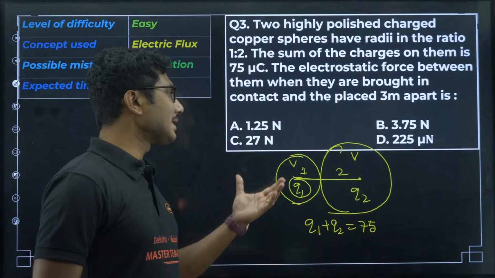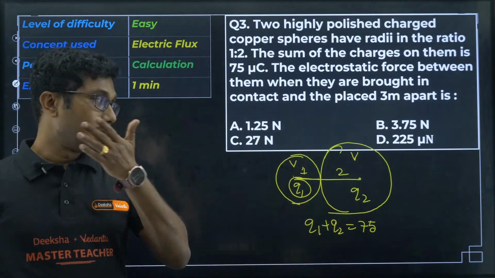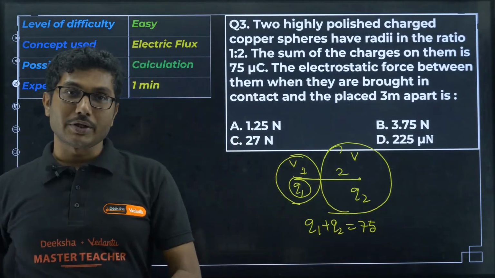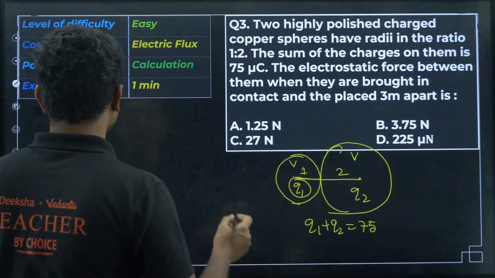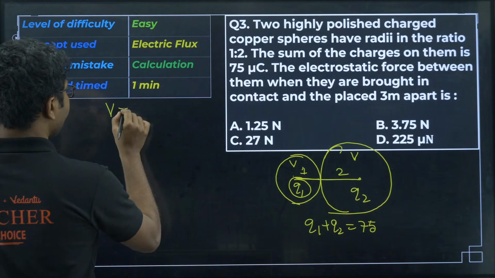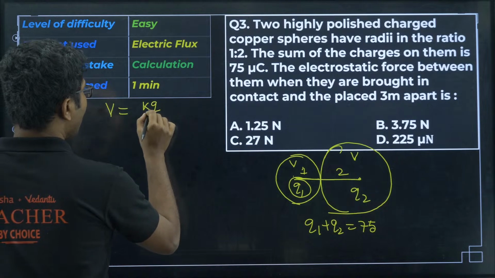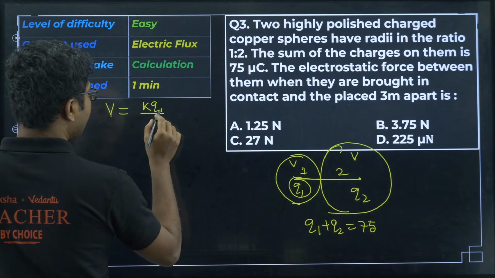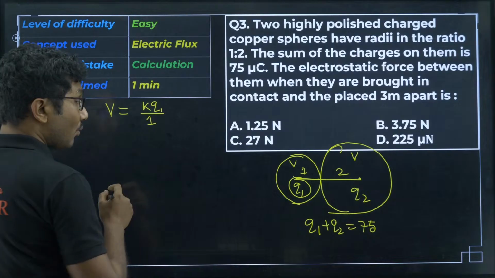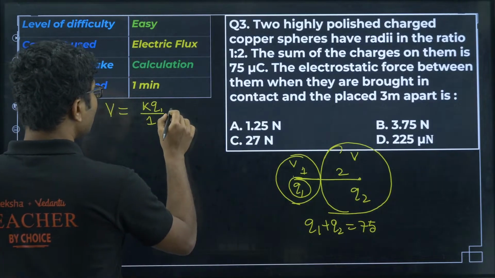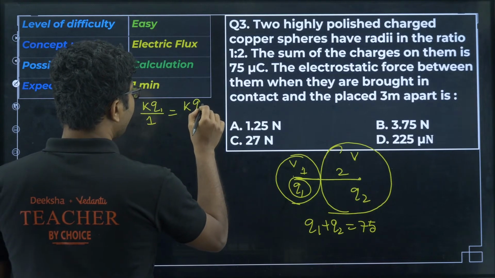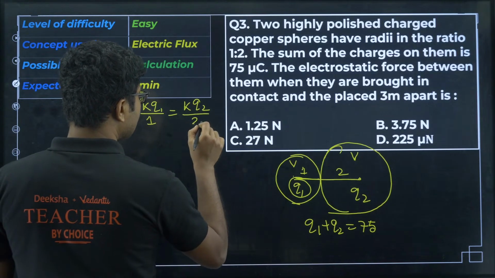Charges are distributed till they acquire the same potential. Some knowledge of potential is required to solve this question. So V is equal to KQ1 by R1, that is 1, and that should equal KQ2 by R2, that is 2.